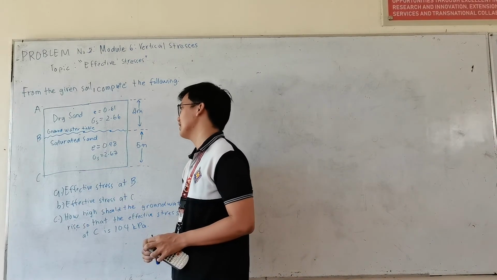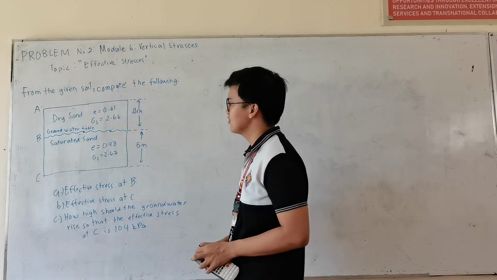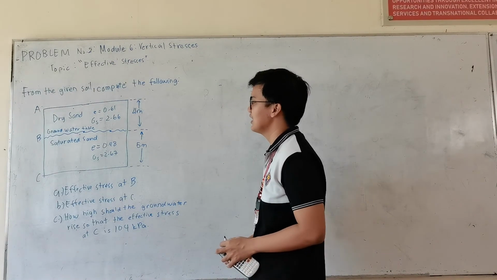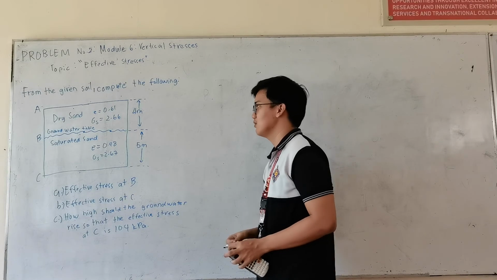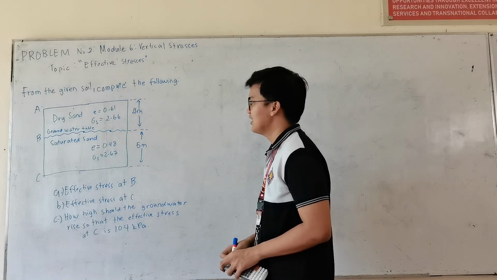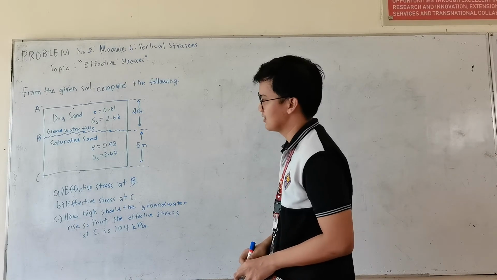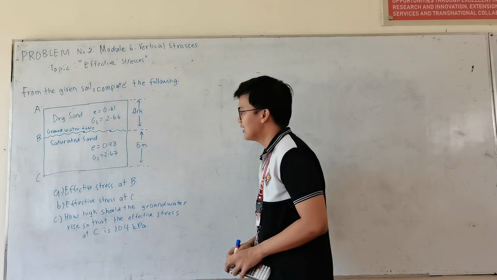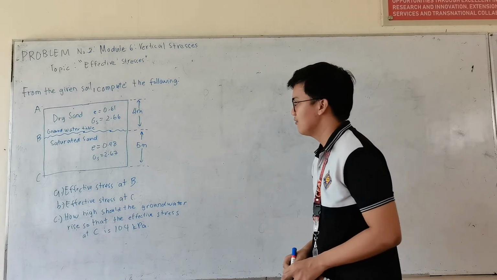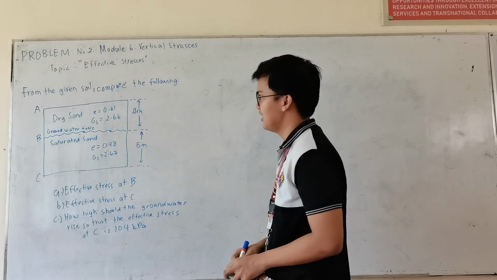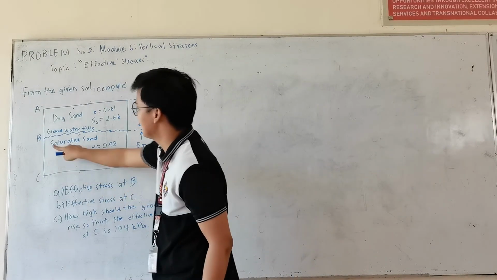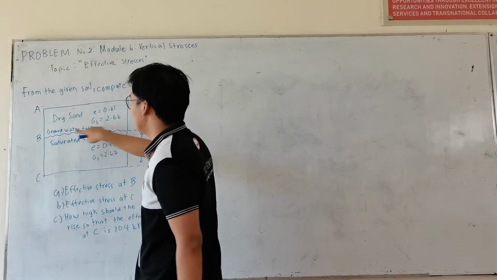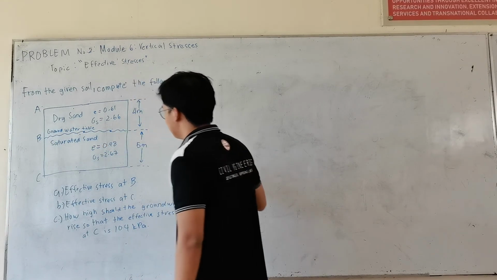Ang ating void ratio is e equals 0.48 at ating specific gravity is 2.67 na may thickness na 5 meters. So, ang unang hahanapin natin sa letter A is yung effective stress at B.